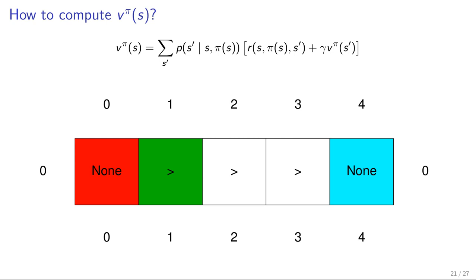Does it ring a bell? Okay, never mind. The problem with the max operator is that it's a nonlinear operator. Taking a maximum over something is not a linear operation.